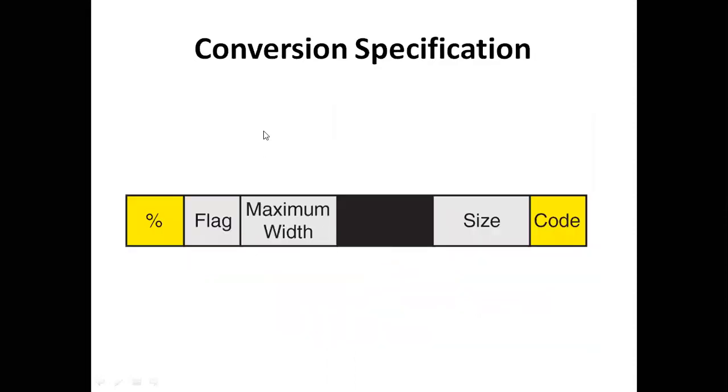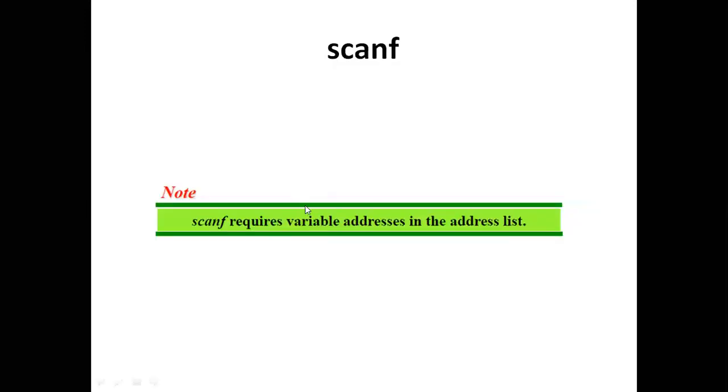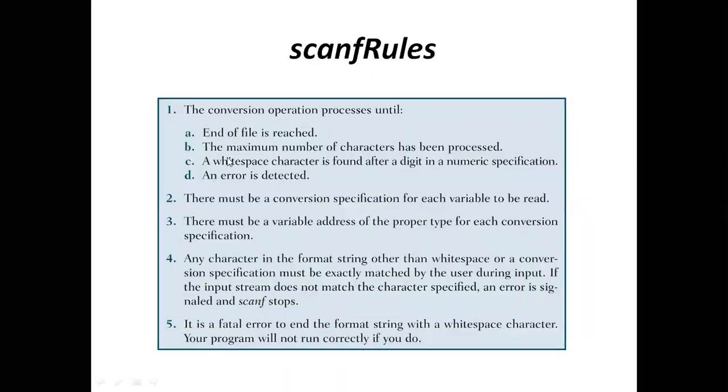And inside the scanf statement, what conversion specifier are we going to use? Flag, minimum width, size, and code. Scanf requires variable addresses in the address list. And here we have some rules.